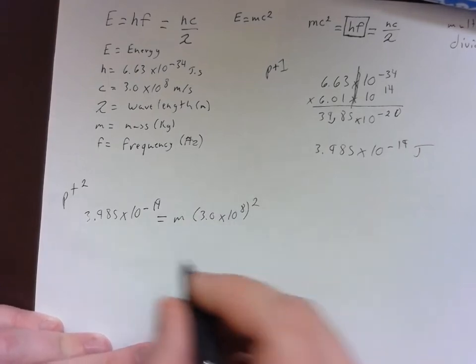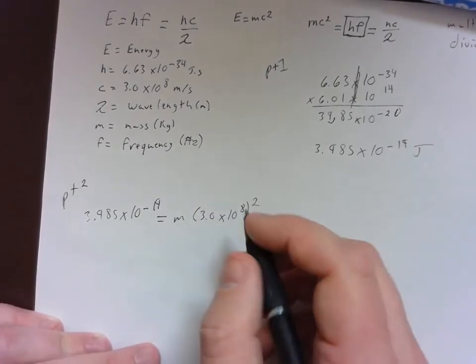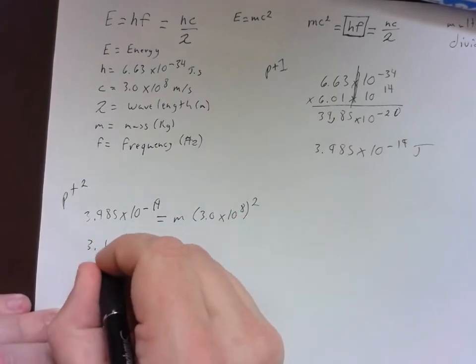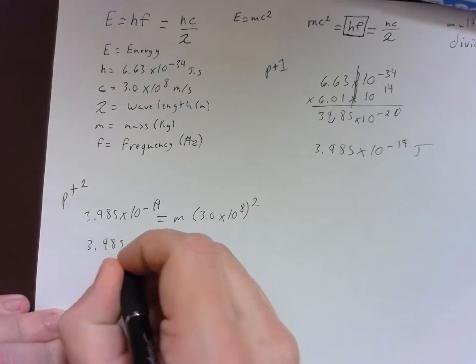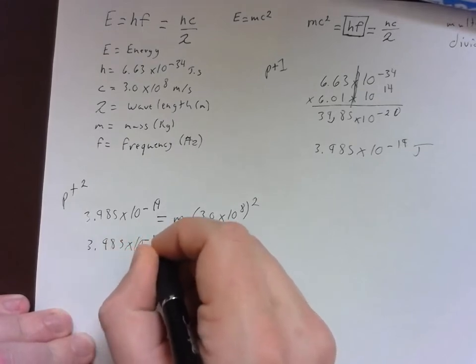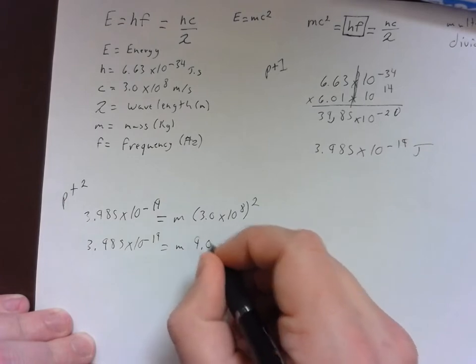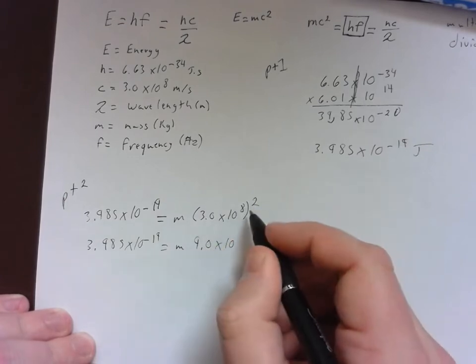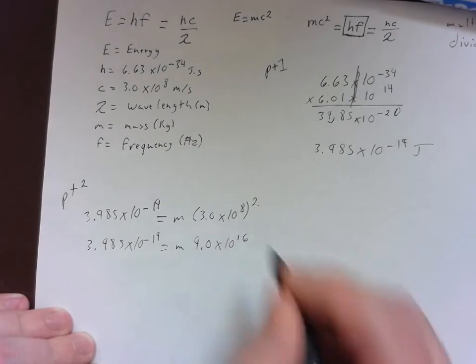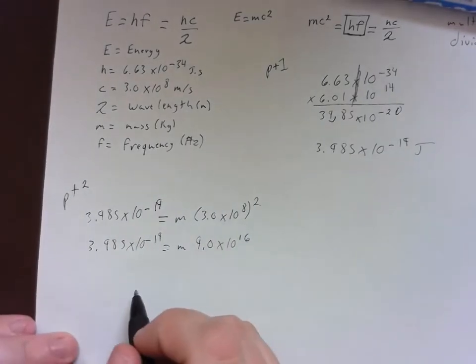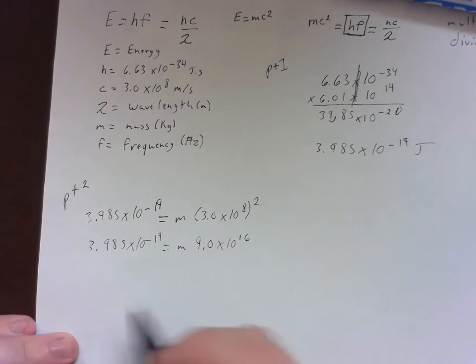So now this is going to be, well, 3 times 3 is 9, so I'm going to have 3.985 times 10 to the negative 19 equals m times 9.0 times 10 to the, and 2 times 8 is going to be 16th.